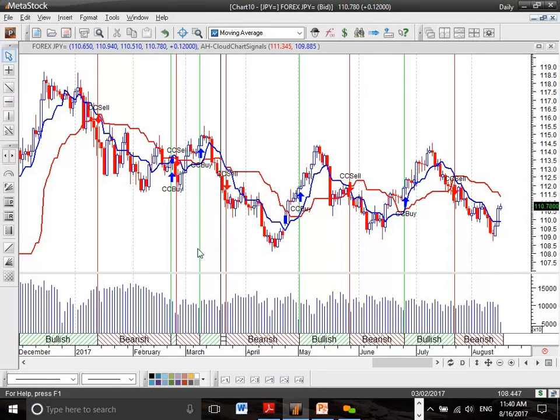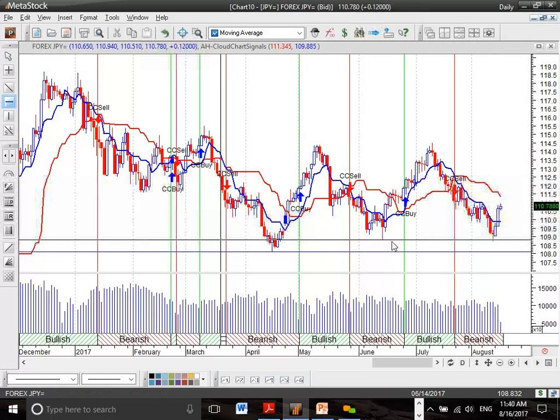The US dollar Japanese yen rebounded from multi-month lows, key support zones, very difficult, rebounded from these areas, and the upside risk is now the top end cloud pivot, bottom of the cloud line here. That's the next resistance zone.